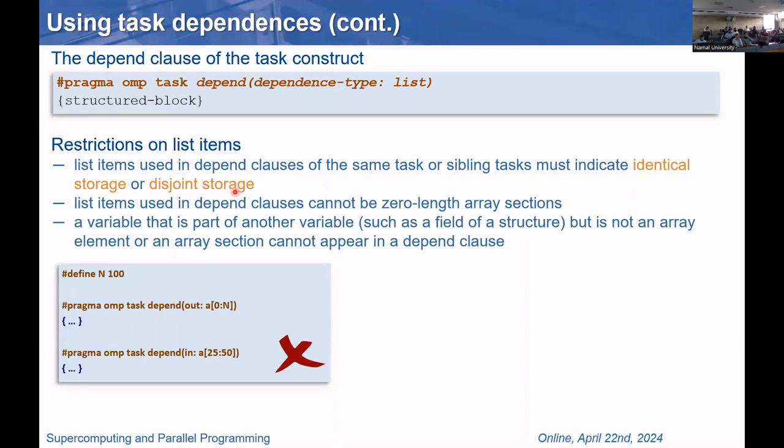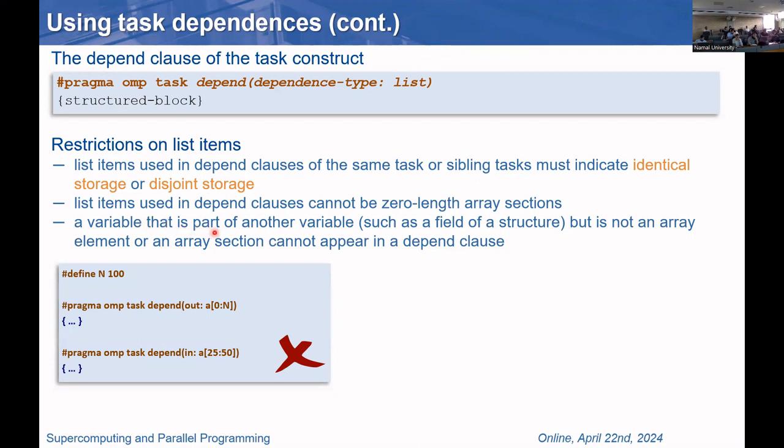So if it's 10 elements, always 10 elements, not 8, now 7, now 6, now 10, okay? Don't change the amount of storage referred to by the variables or the array regions. List items used in depend clauses cannot be 0 length, okay? So they should at least have one element.